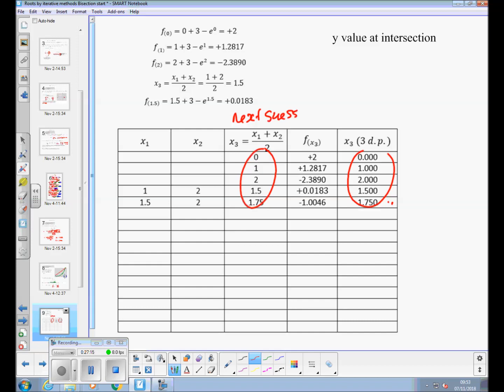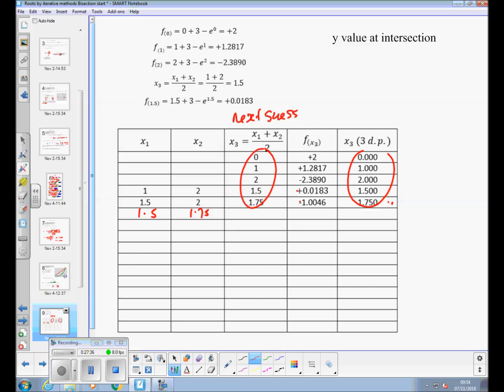Put the 1.125 into the function, still got a positive result, so we're between 1 and 1.25, gives us a new guess of 1.0625, which rounds to 1.06.